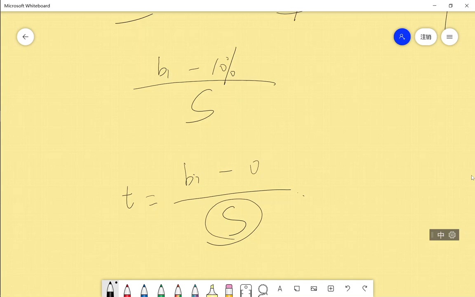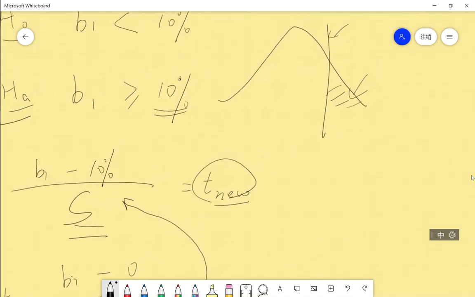So if you know the original two-tail test of whether B1 is significantly different from 0, you got the t statistic, you got the B1, and you can naturally calculate the S here, and you put S there. And of course, you are going to get a new t statistic.